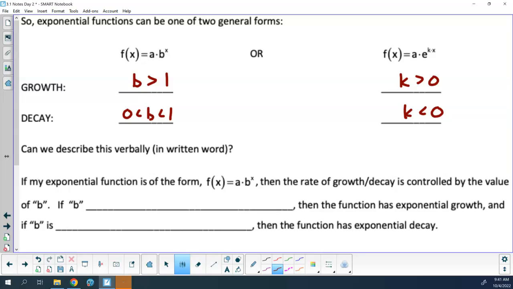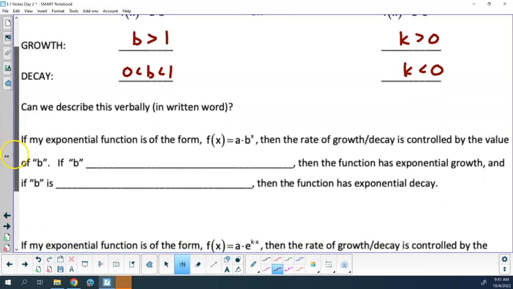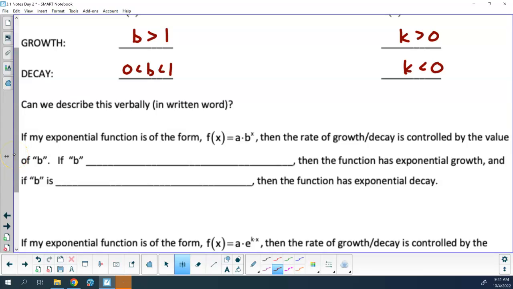If my exponential function is of the form a times b to the x, then growth or decay is controlled by b. If b is greater than 1, it's a growth.